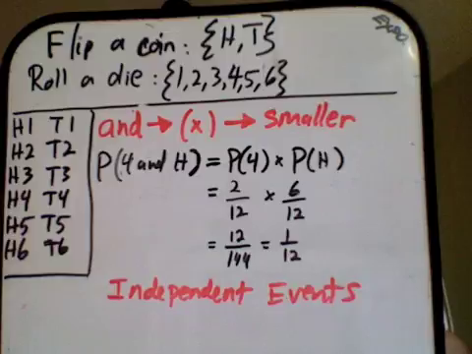If there was some sort of magnet or string connecting the two so that, I don't know, when I got a head, then it was almost impossible to get an odd number or something weird like that, then I would definitely say that the events were not independent. But as it is, I could do the coin and the die in different rooms, and they have nothing to do with each other, so they're independent events. And to find the probability of both occurring, we can just multiply the probabilities of each individual event.